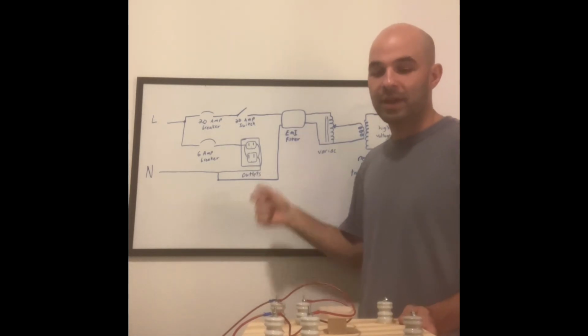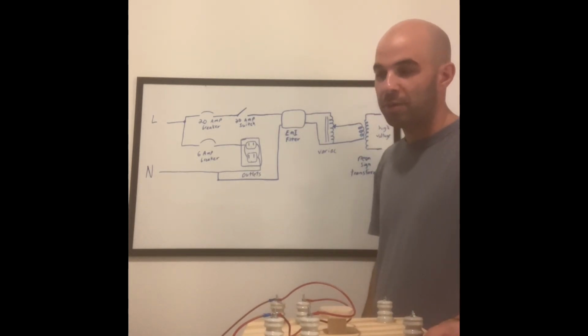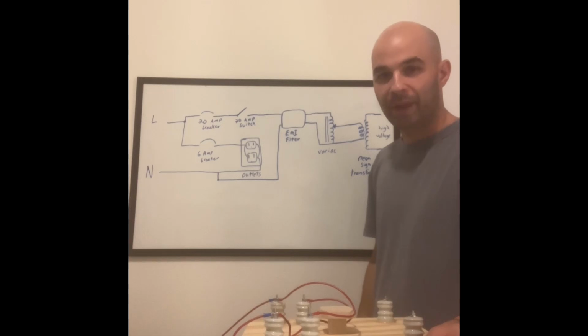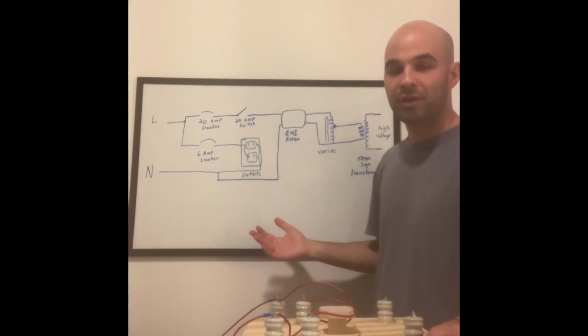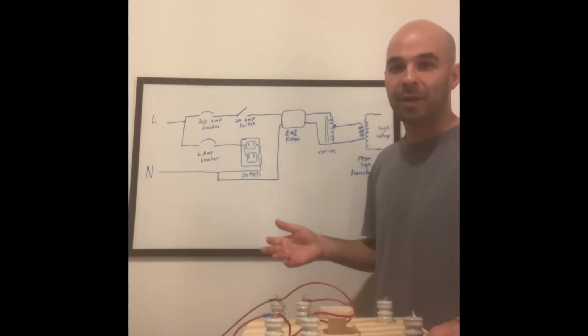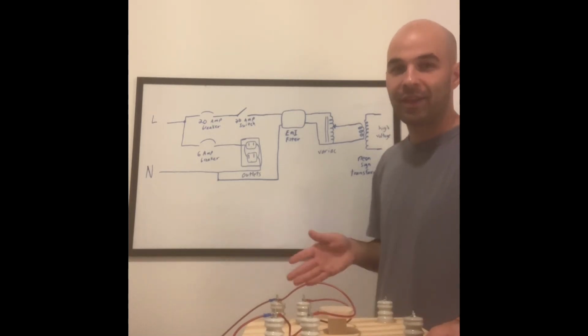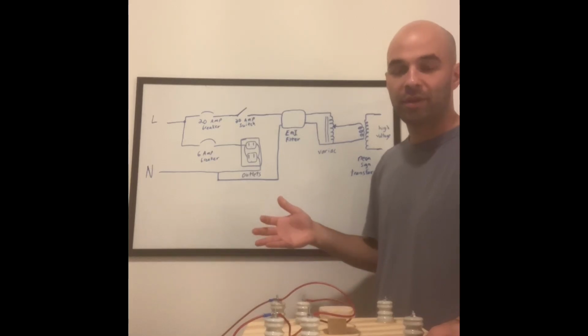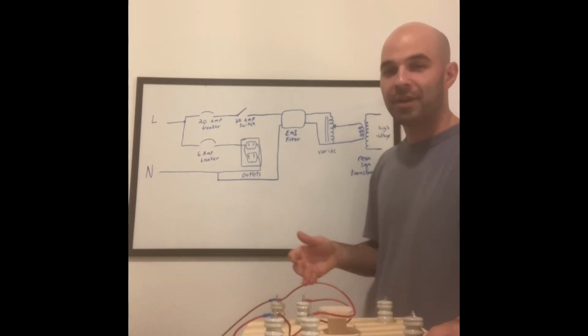So this is because when you're working with these pulsed power systems, like we're doing with this capacitive discharge system, the current rushes can produce some EMF back waves that go into your line, like into your house wall supply, and you kind of want to avoid shooting any currents into your actual house supply.